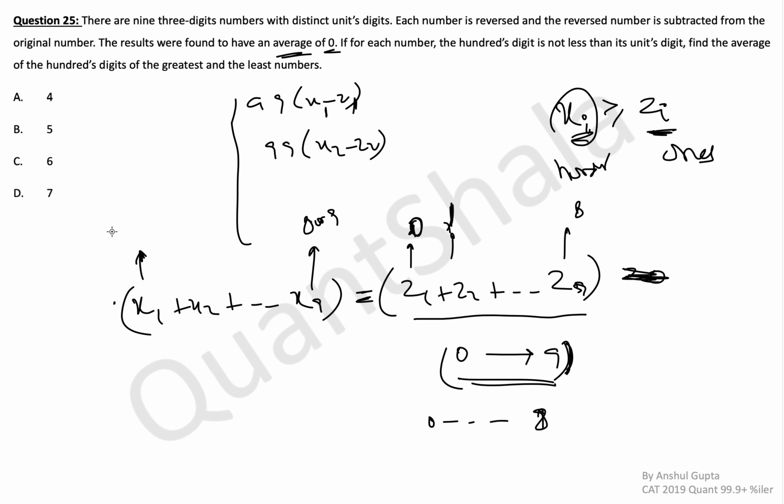And similarly, this can be something greater or equal to 0. Because the sum is equal and these are greater or equal to this thing, what we'll have to do is that x9 has to be equal to z9. That means in this case, x9 has to be equal to 8.